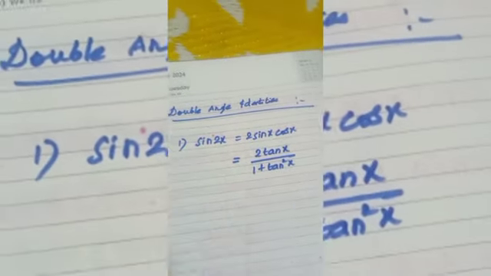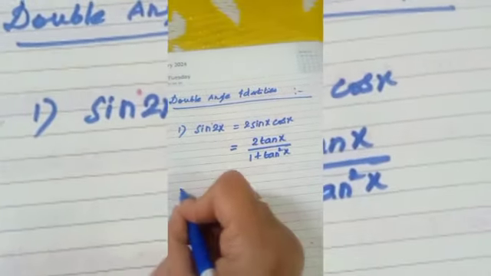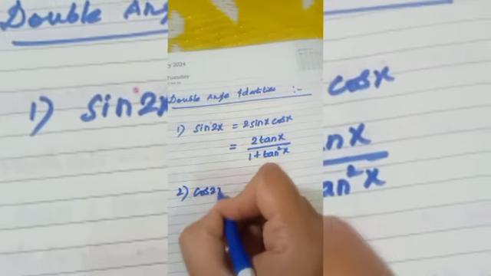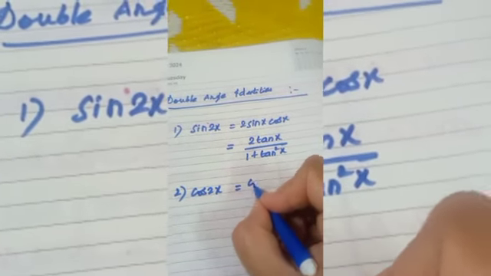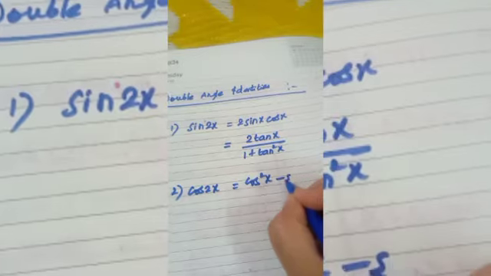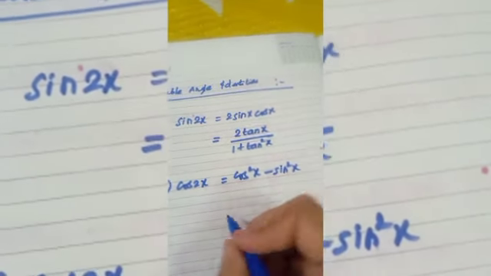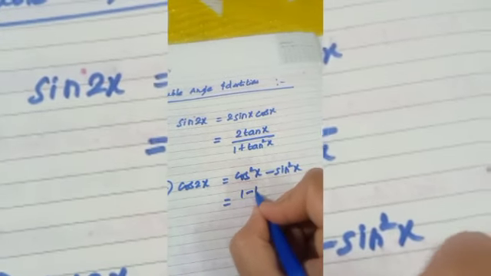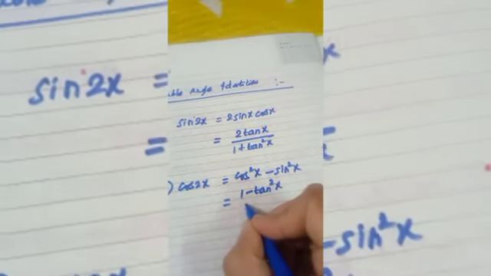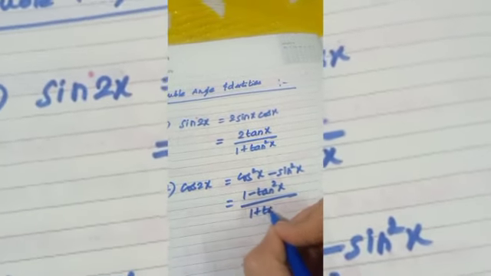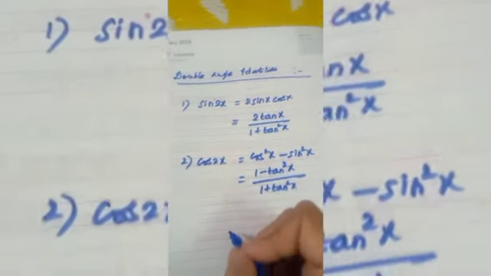This is the formula for sin 2x. And cos 2x is equal to cos square x minus sin square x, which is equal to 1 minus tan square x by 1 plus tan square x.